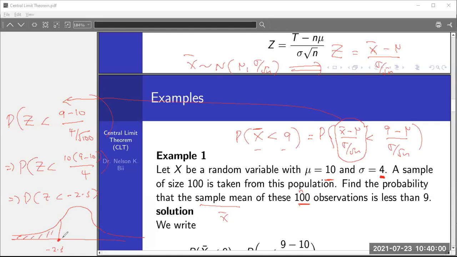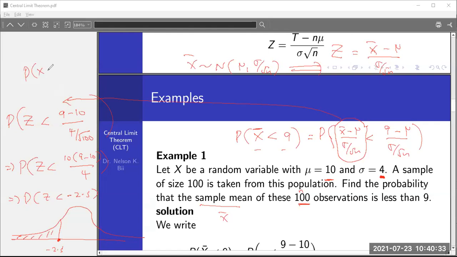Okay. So what is that value from the standard normal tables? Can you open your standard normal tables? 0.0062.